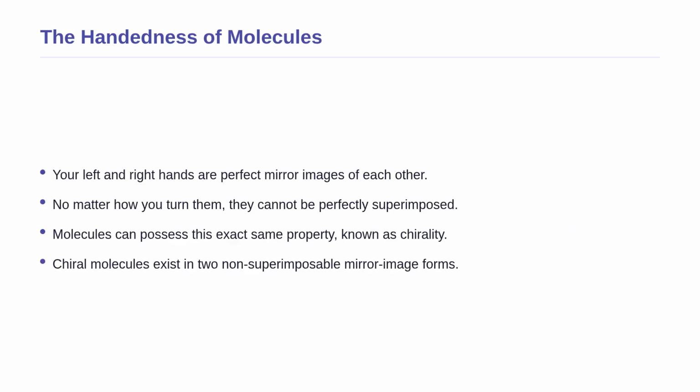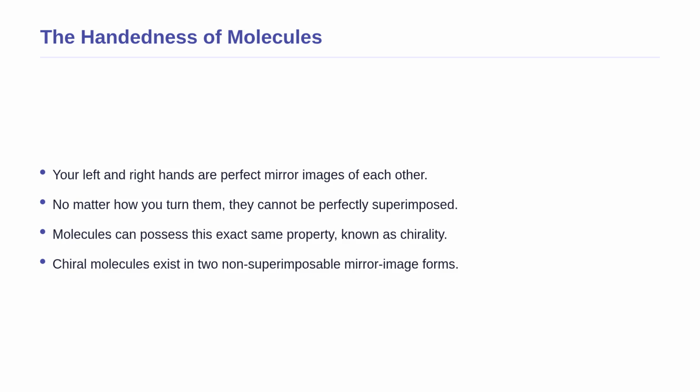To begin our journey, imagine you are trying to put your right glove onto your left hand. No matter how much you turn, twist, or stretch that glove, it simply will not fit properly. Your hands are perfect mirror images of each other, yet they cannot be perfectly aligned on top of one another.